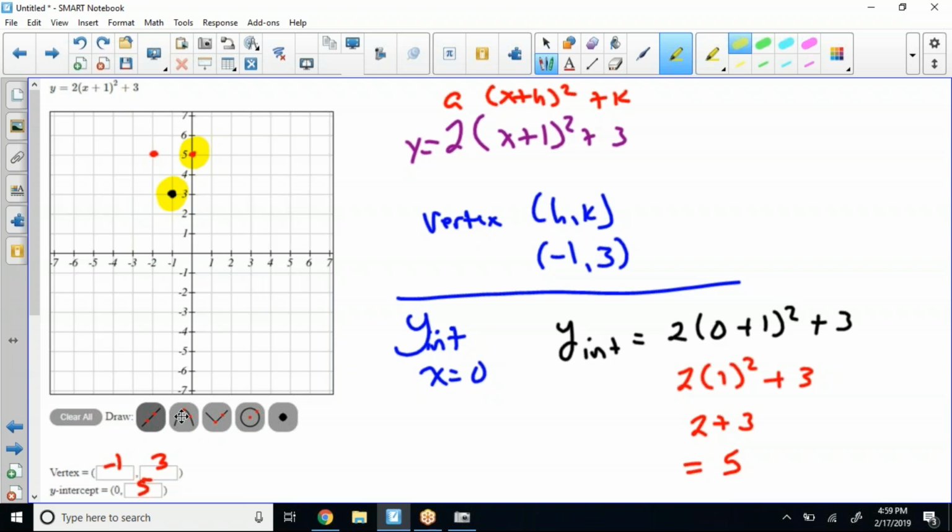And you would use this right here, because you're not doing a circle, you're not doing absolute value, you're not doing linear, you're doing a quadratic.